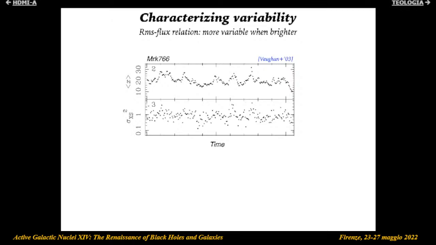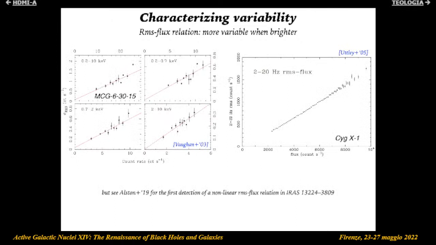So there should be some way for the short time scale variability to be modulated by the long time scale variability. And this turns out in this sort of correlation. So there is a linear relation between the RMS and the count rate. They are observed in AGN and in black hole binaries, and there is only one known case of a non-linear relation that has been found in one AGN.